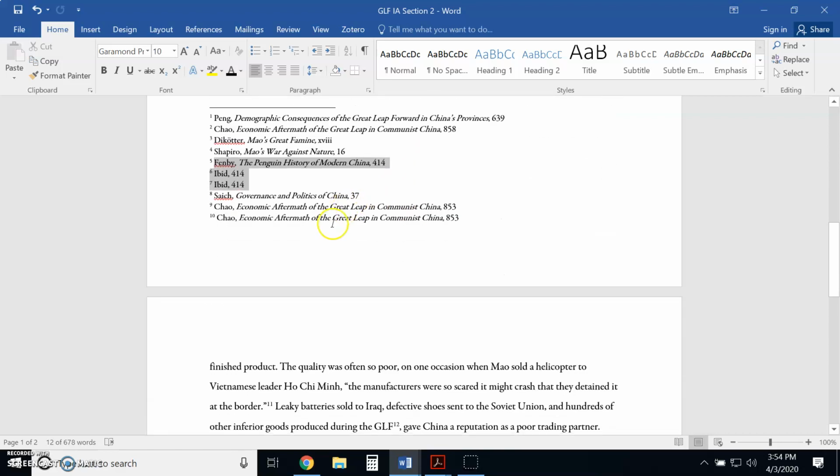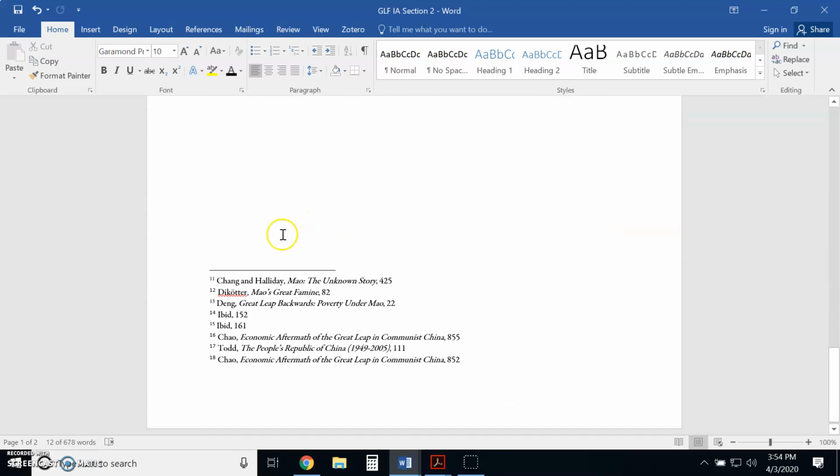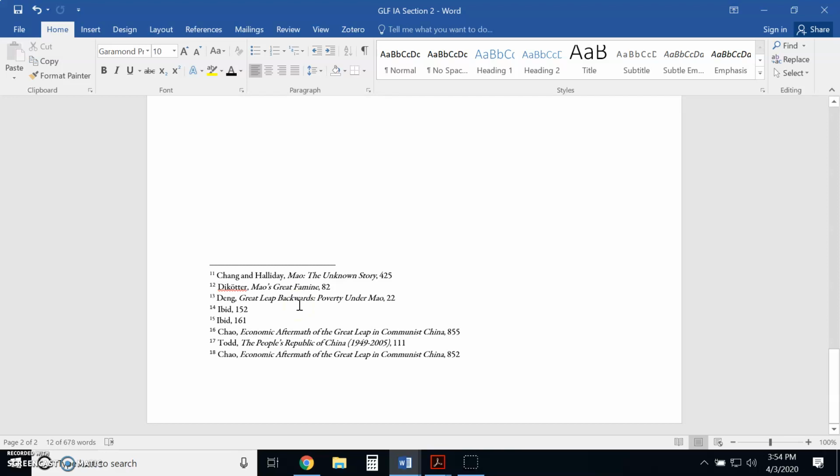So just those are some things to keep in mind. I want you to not be scared about having to include that many sources, because I promise you, if you've done a lot of research, you will be able to easily just fill that stuff in. Before I started submitting this work, I actually had 22 different citations.